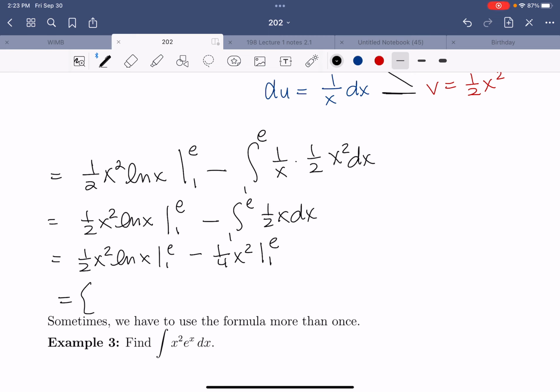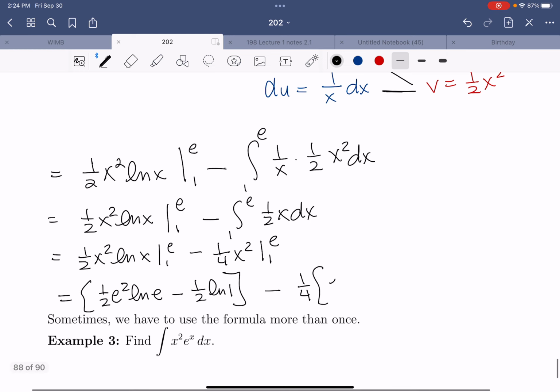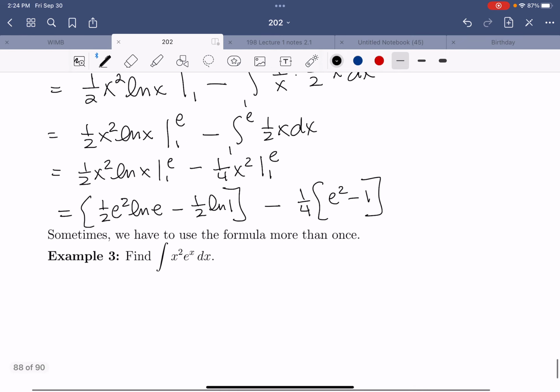If we plug in the e, we get 1/2 e squared ln of e minus 1/2 times the ln of 1 minus 1/4 times, when you plug in to the x squared, that's e squared minus 1. Okay, what I know here is that the ln of e is just 1, sorry, and ln of 1 is 0.